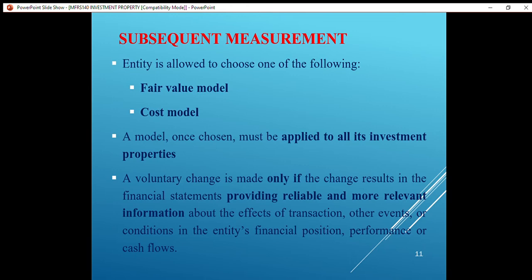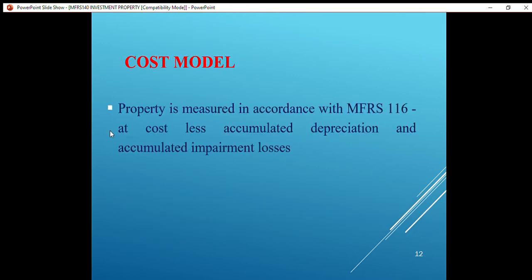All right, next we go to the first model, that is cost model. This is actually similar to the one that we apply for PPE. So under the cost model, property is measured in accordance with MFRS 116. It's similar to the application of the model for PPE.